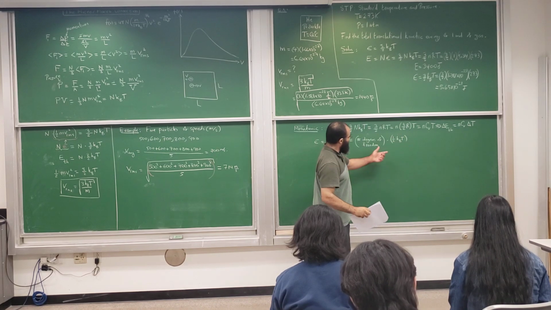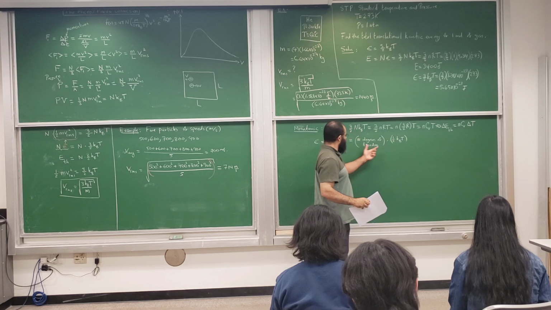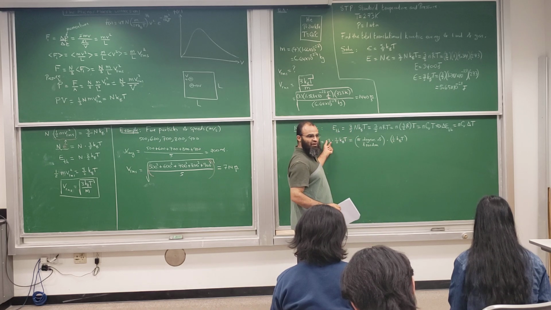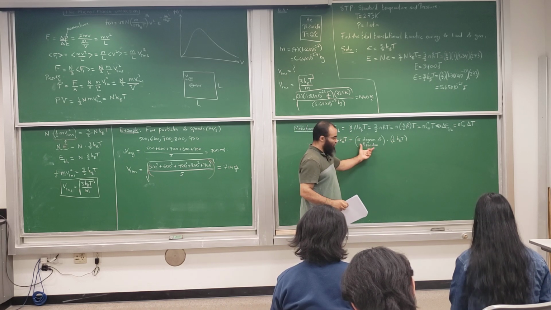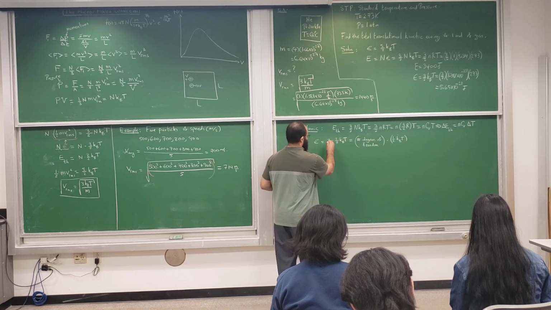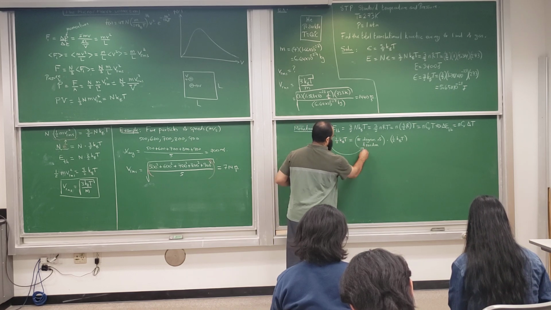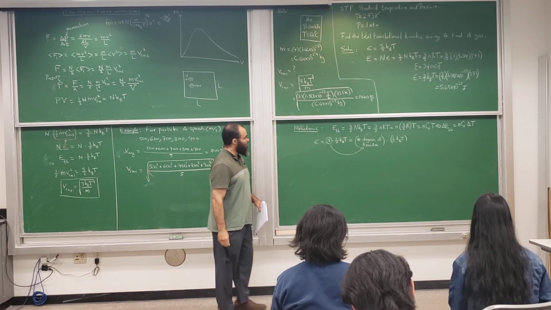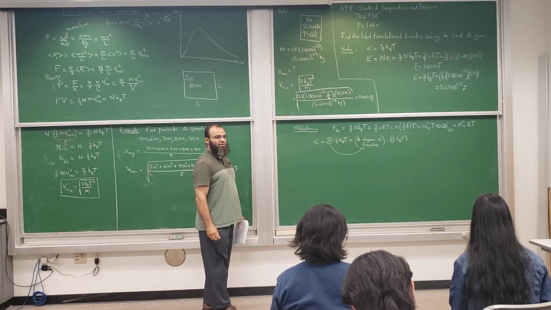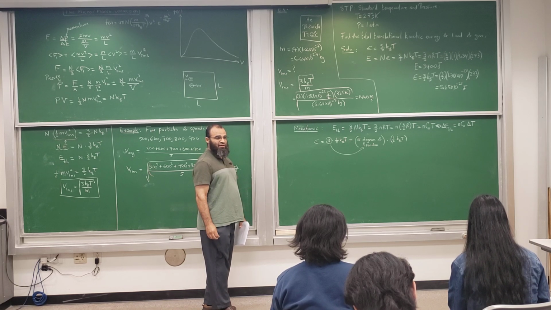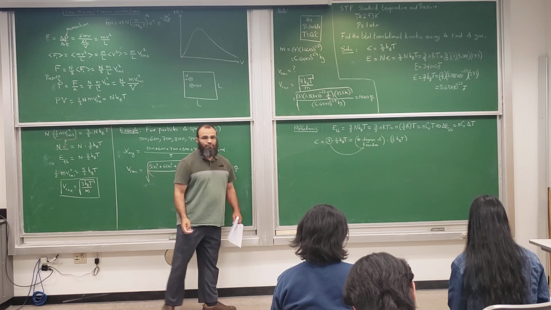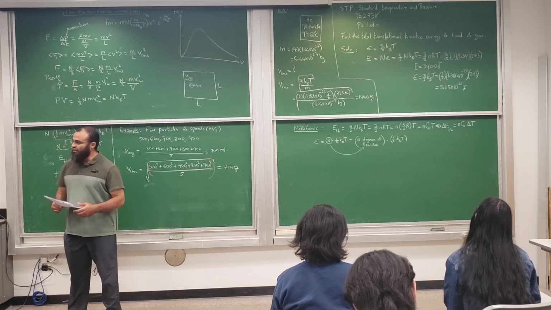So each degree of freedom is worth 1/2 kb times t, and we have 3 of them. So in total, it will be 3. Each degree of freedom is worth 1/2 kb. Okay. Now, what if we have that?